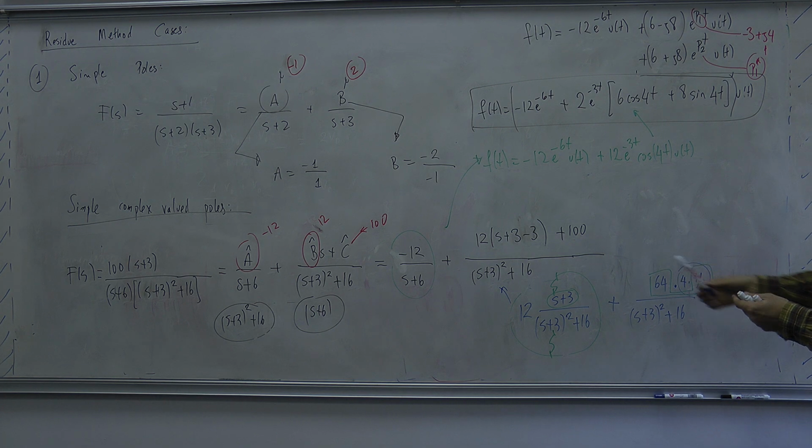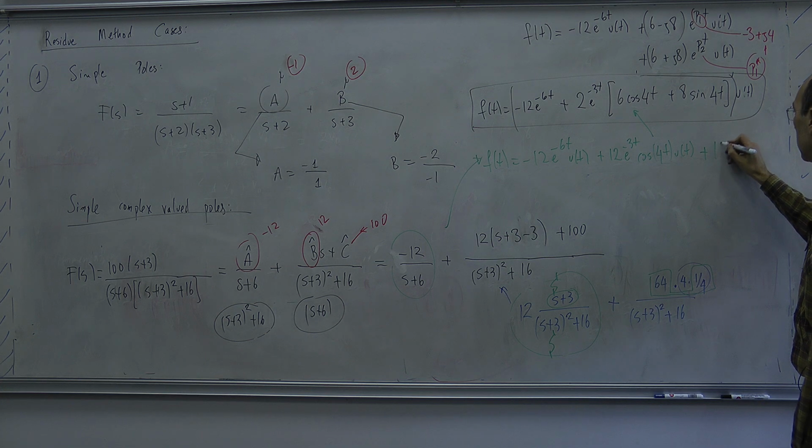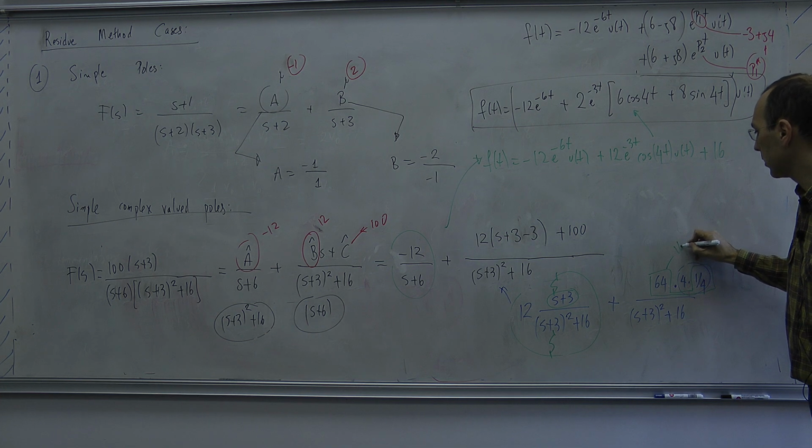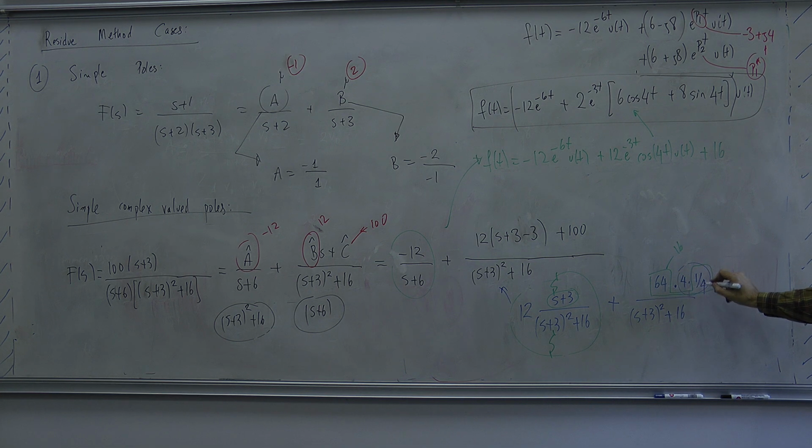So then the inverse Laplace of this is 16 times the inverse Laplace of this thing. But this has the inverse Laplace of this times sine. So this box is equal to 16 times e to the minus 3t sine 4t u(t), and you get this term also.